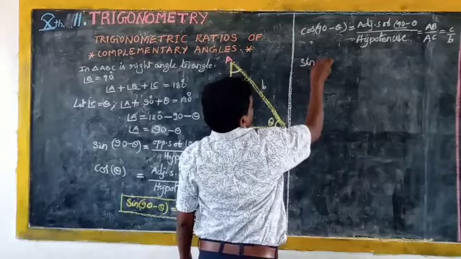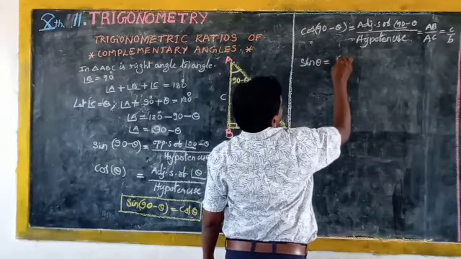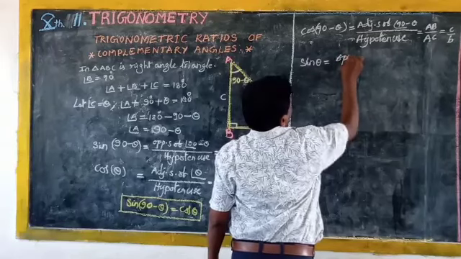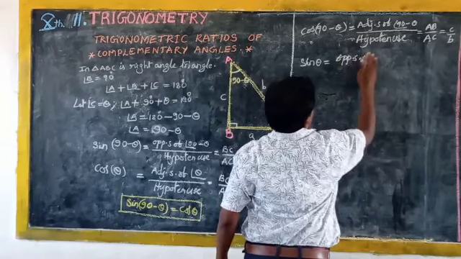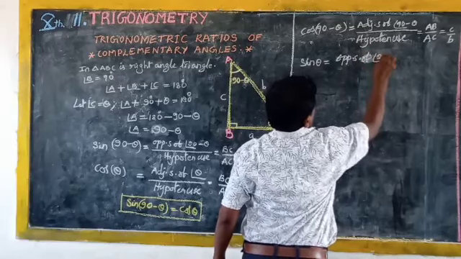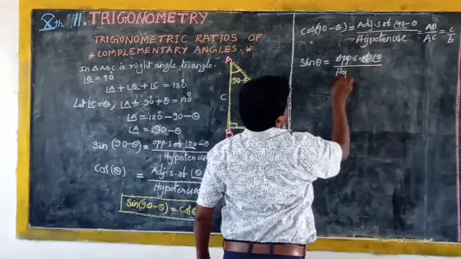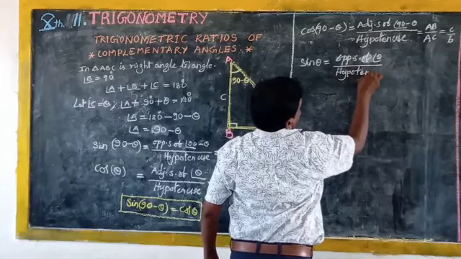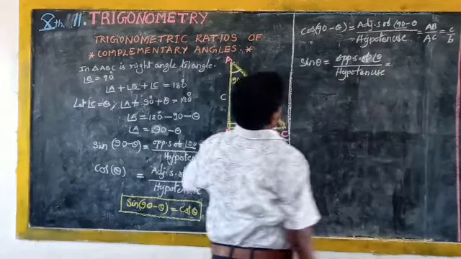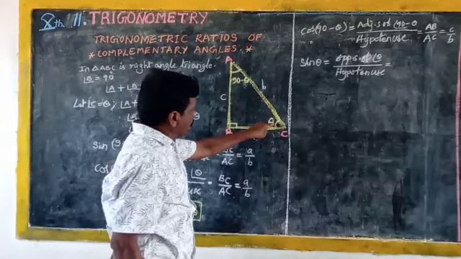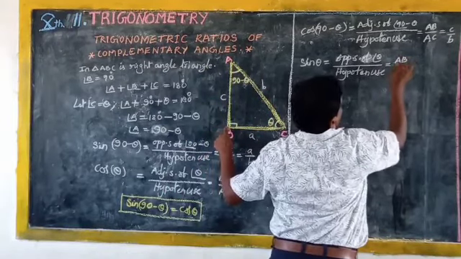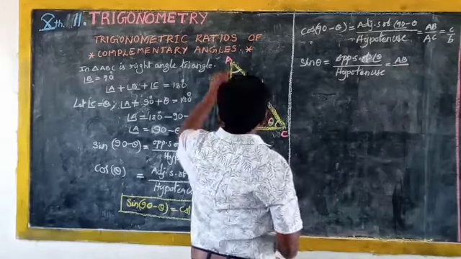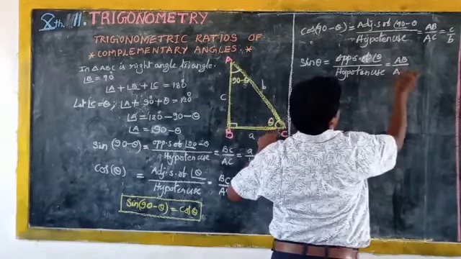Sin theta is equal to the opposite side of angle theta by hypotenuse. Sin theta is opposite side AB by hypotenuse AC.